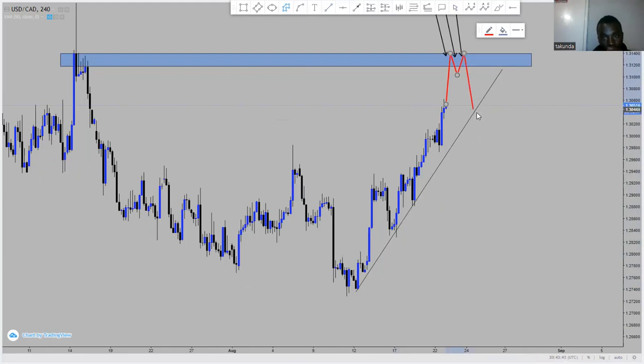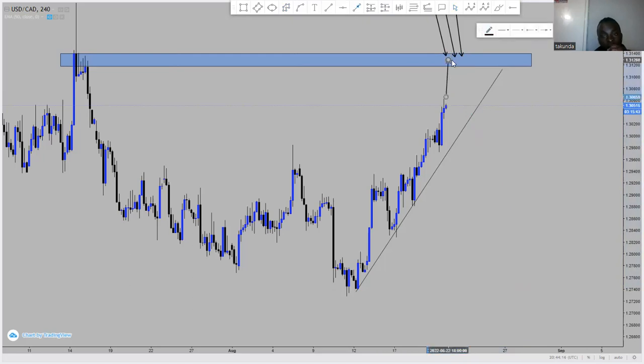Then on the trend line now, we anticipate it to break this trend line. If it does break, it will actually continue pushing down. But if it fails to break that trend line, it can actually play around in that zone.